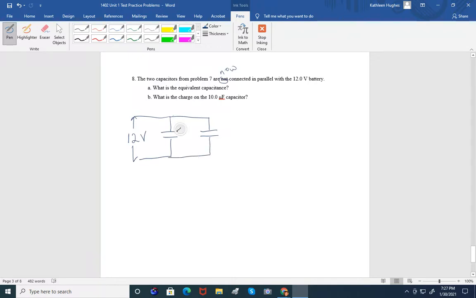One of them's 5, one of them is 10. But the nice thing, equivalent capacitance in parallel is just the sum. 5.00 microfarads plus 10 microfarads is 15 microfarads.